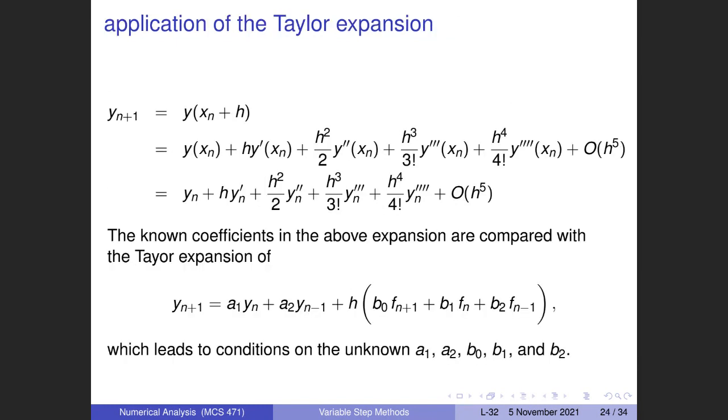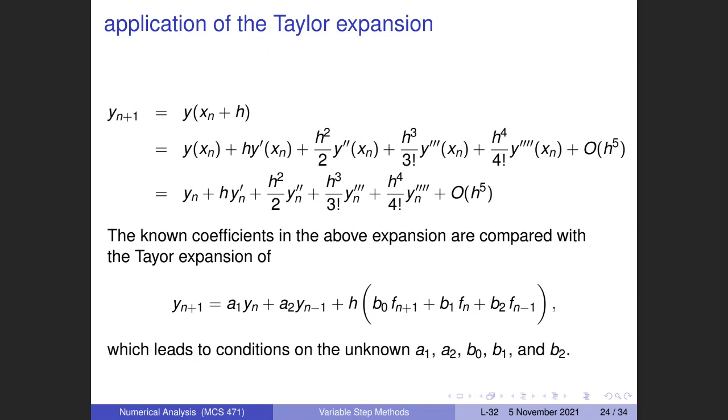All right, how do we derive these methods? So we can develop the Taylor series expansion. So here we have the Taylor series that is truncated after the first 5 terms by 5 unknown coefficients.